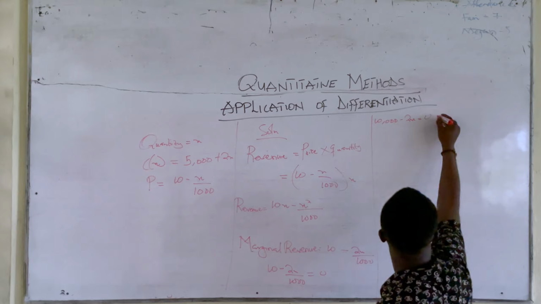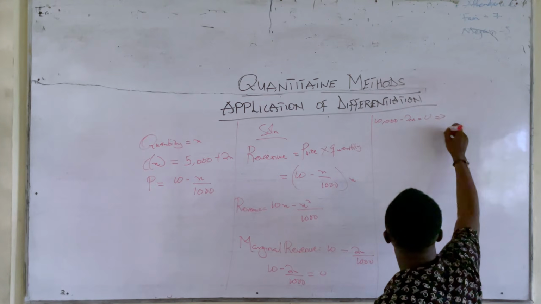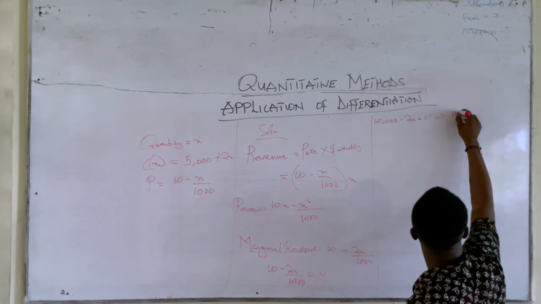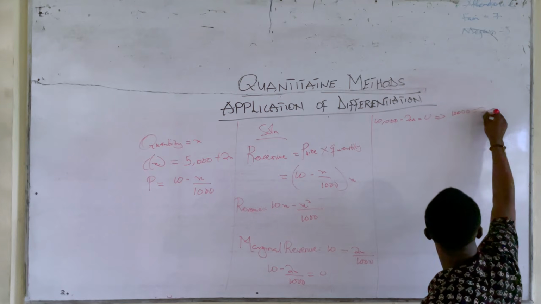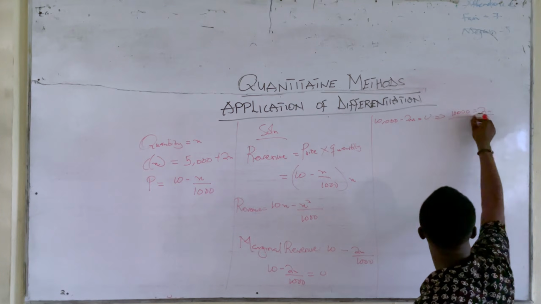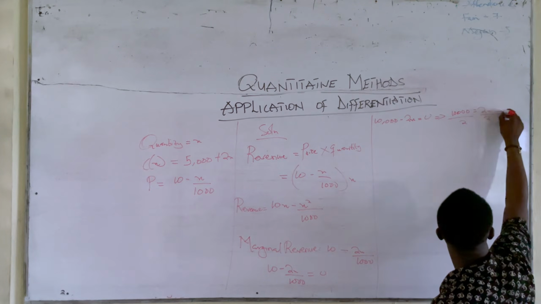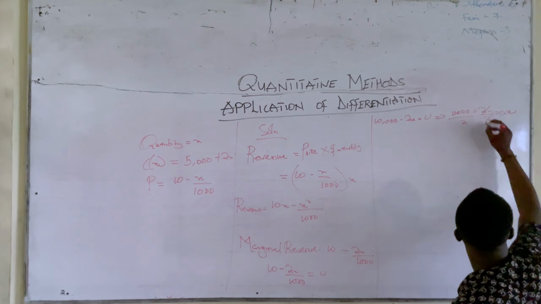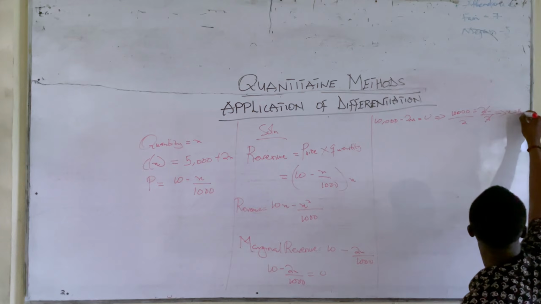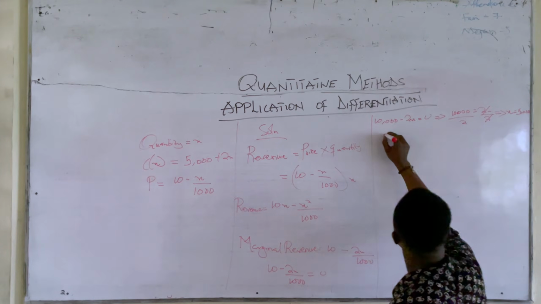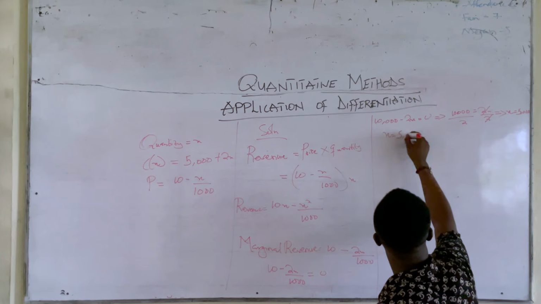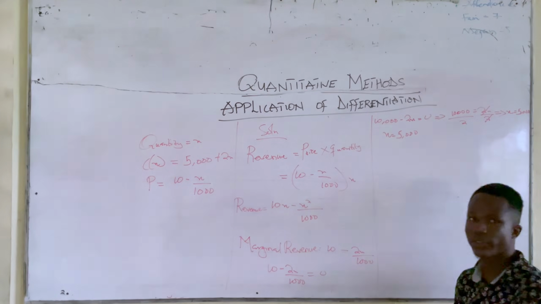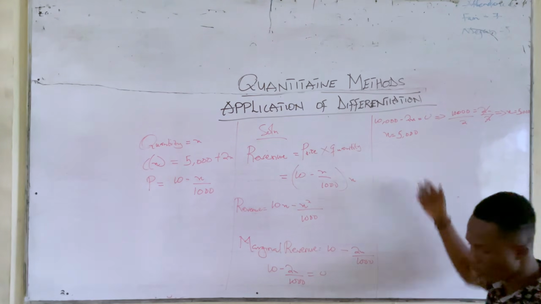Now we group like terms and we say 10,000 is equal to 2x. Divide both sides by 2, and you can see x is equal to 5,000. So now x is equal to 5,000.